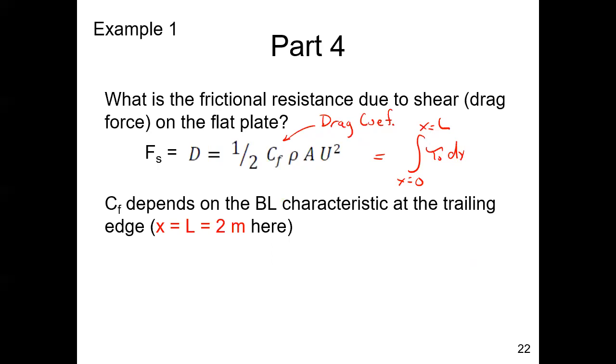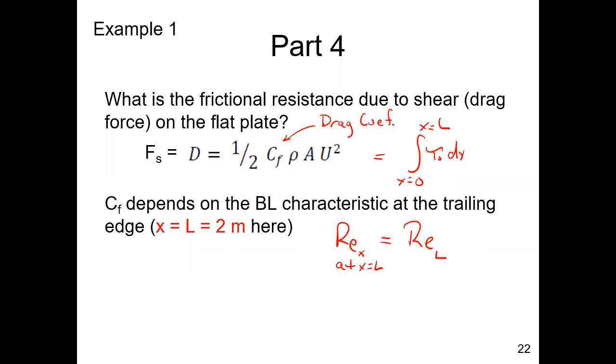And therefore, what pops out of that integration is the boundary Reynolds number at the trailing edge. So when we set x equal to the total length of the plate, we're calculating the boundary Reynolds number at the trailing edge. Re_x becomes Re_L.